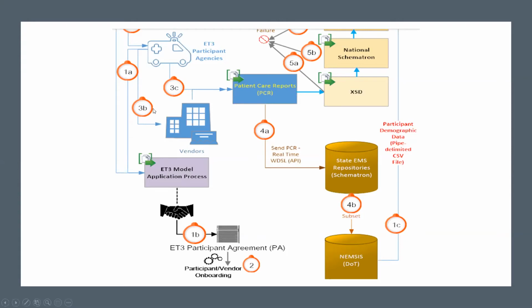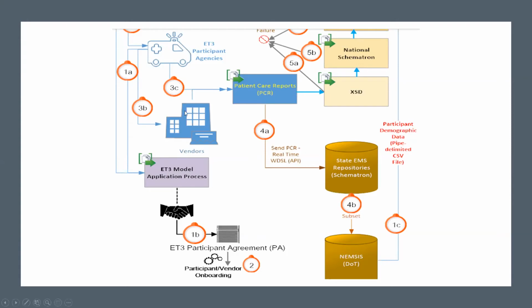I'm going to go back up to 3 now, and with 3 here, basically now we're all set up and ready to submit. And there are a couple of flows here that we wanted to document, because we came into it with an understanding that not only do you have participant agencies, but you have vendors that are contracted with them to provide that data submission support.